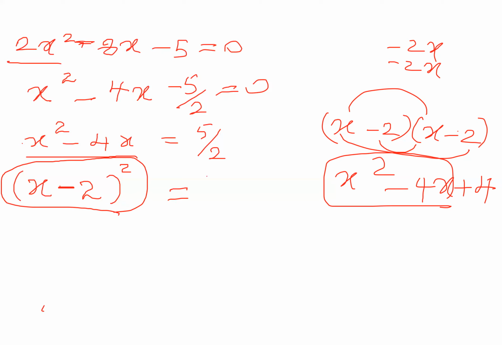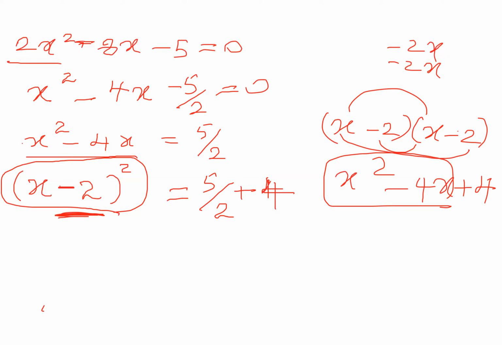Therefore, to keep the original equation and keep the equality on both sides, we have to add that additional 4 to the other side. Now it's okay.